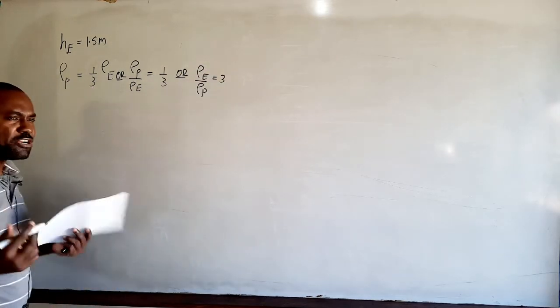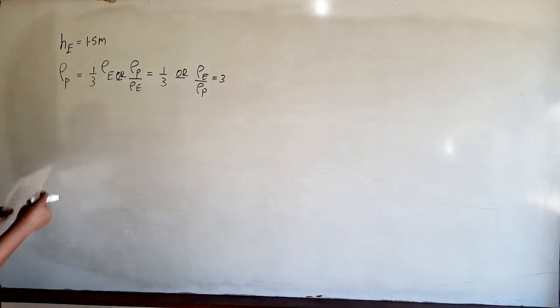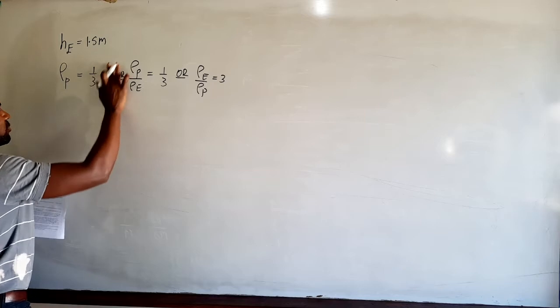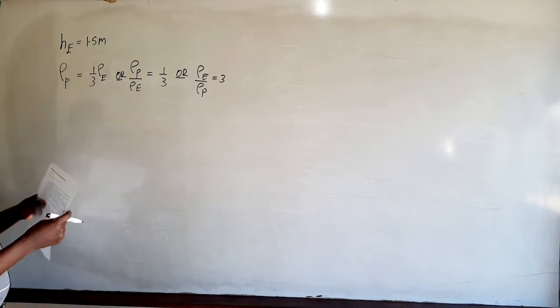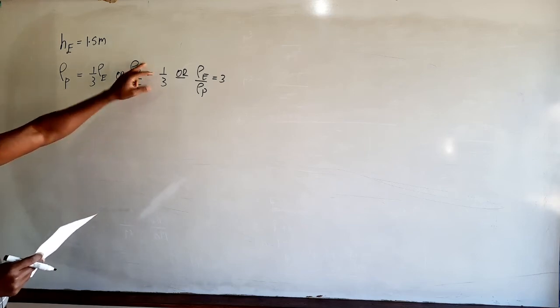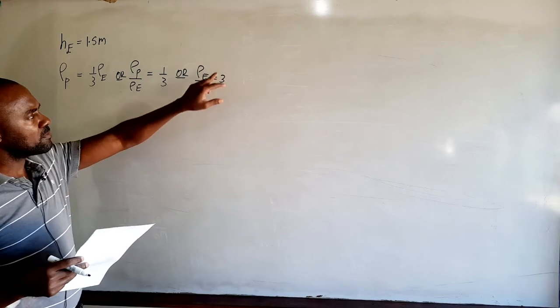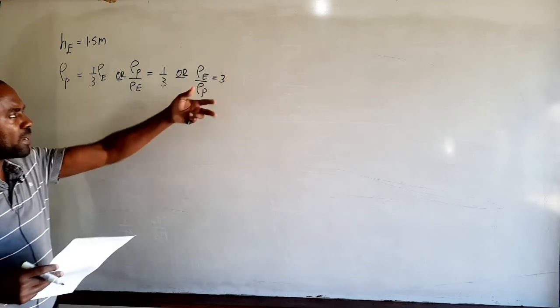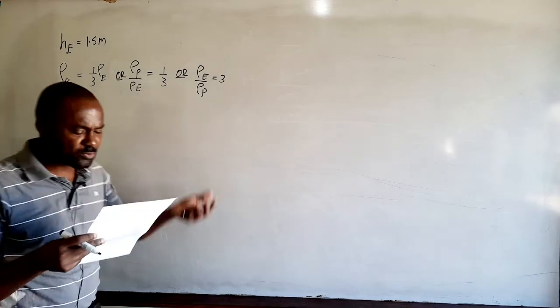So we're dealing with a ratio here, and we can express it in terms of the planet's density to the Earth's density, or the Earth's density to the planet's density. Throughout this question, one of these ratios will be used.